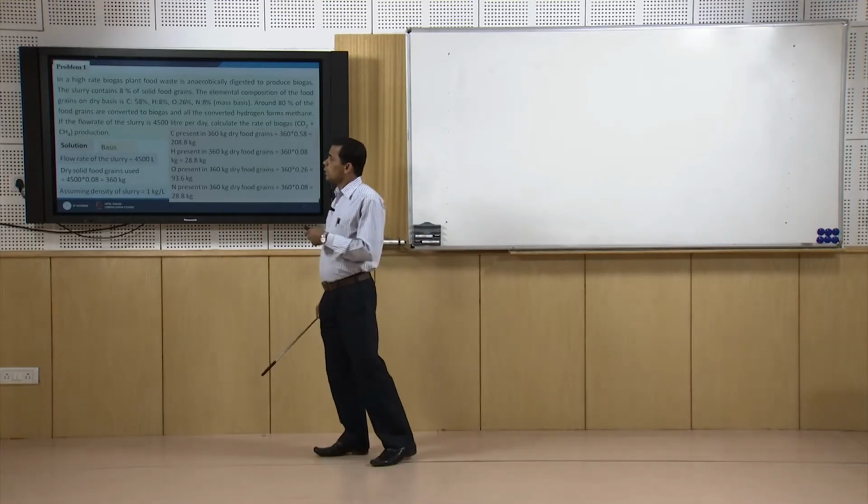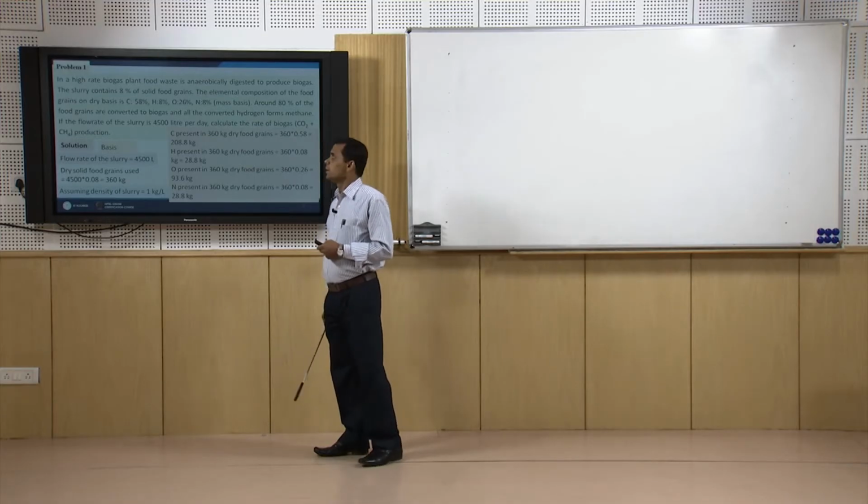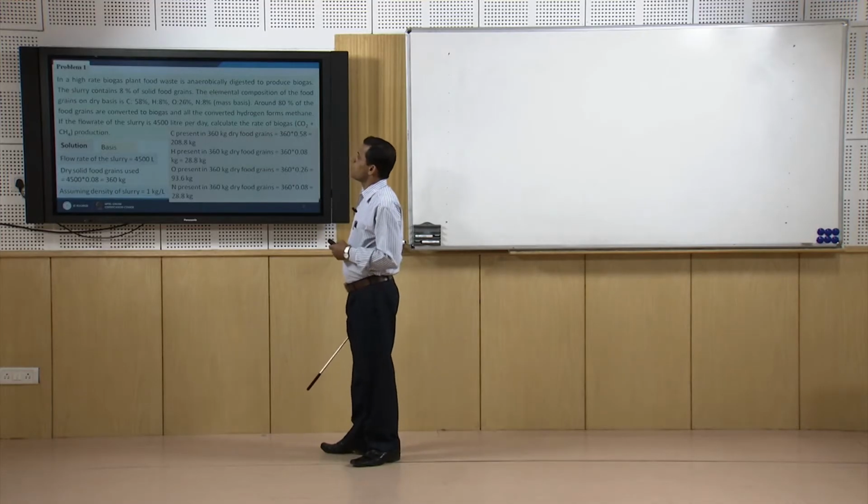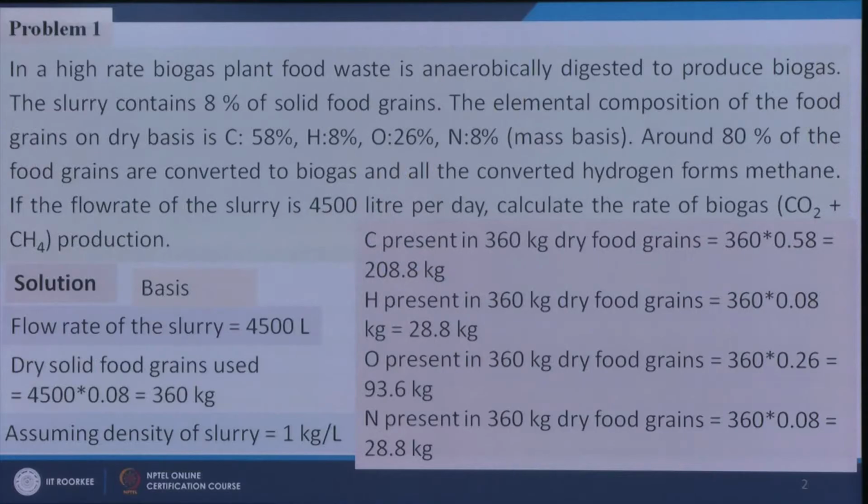So, the statement of the first problem is: in a high rate biogas plant, food waste is anaerobically digested to produce biogas. The slurry contains 8% solid food grains. The elemental composition of the food grains on dry basis is carbon 58%, hydrogen 8%, oxygen 26%, nitrogen 8% on mass basis.